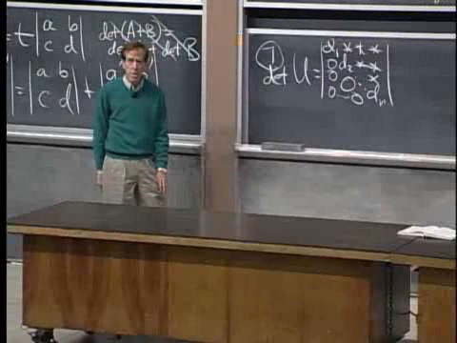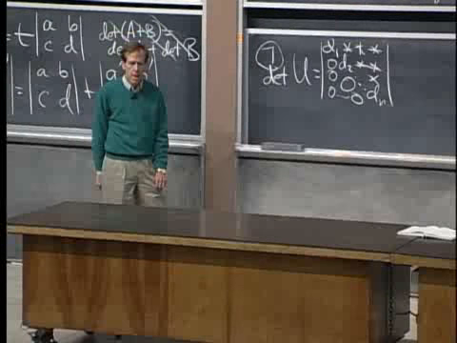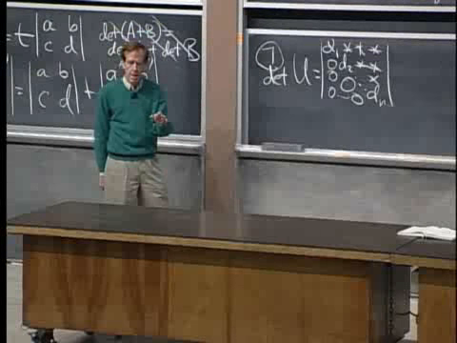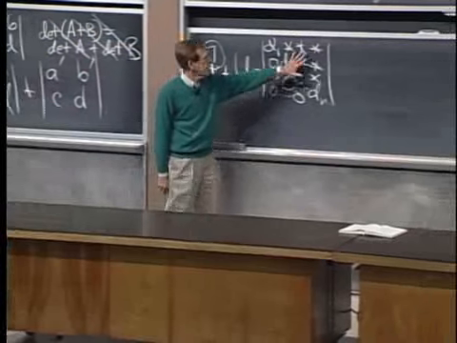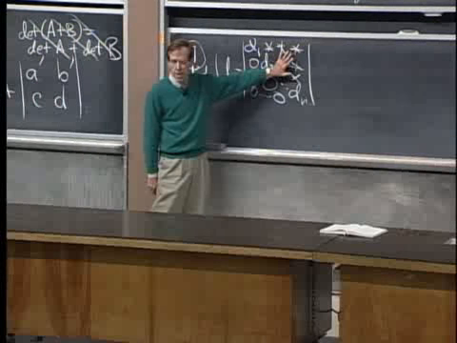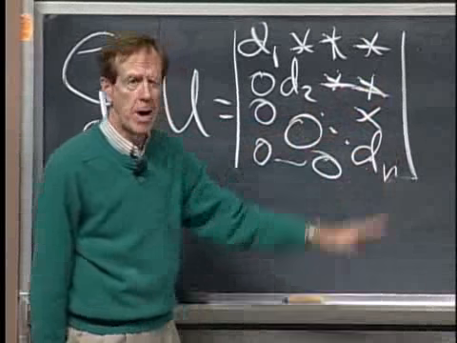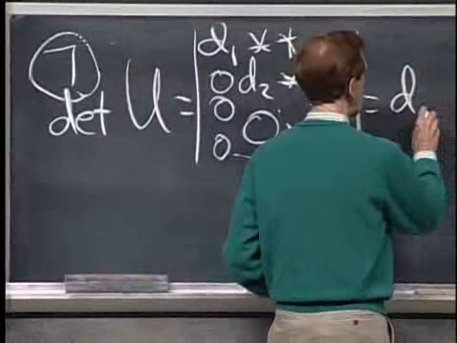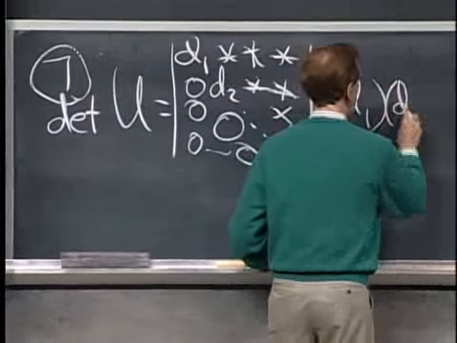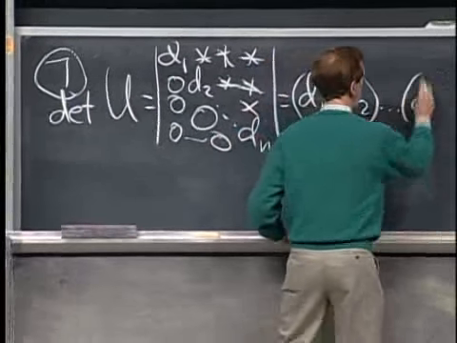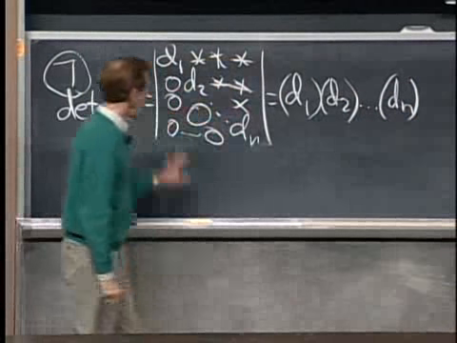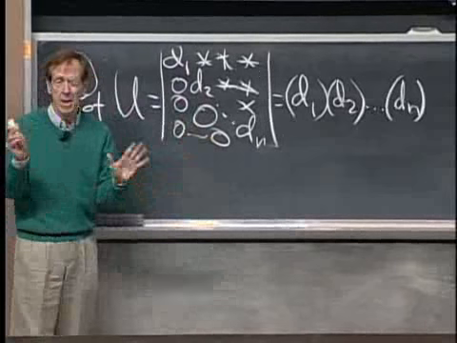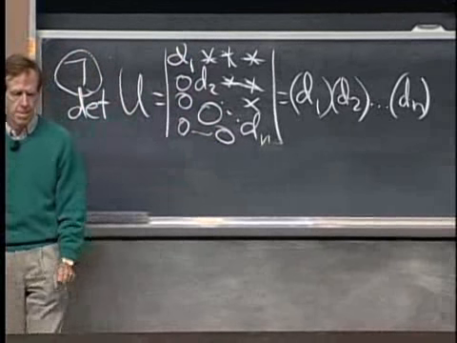Do you know the answer? It's just the product of the d's. These things that I don't even put in letters for, because they don't matter. The determinant is d1 times d2 times dn. If I have a triangular matrix, then the diagonal is all I have to look at.